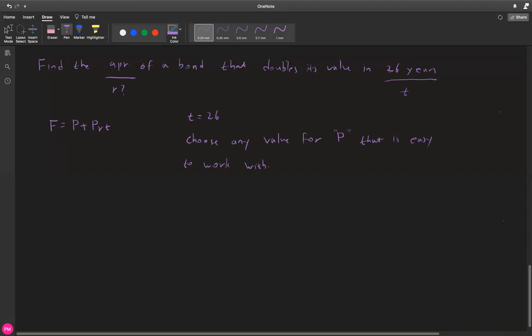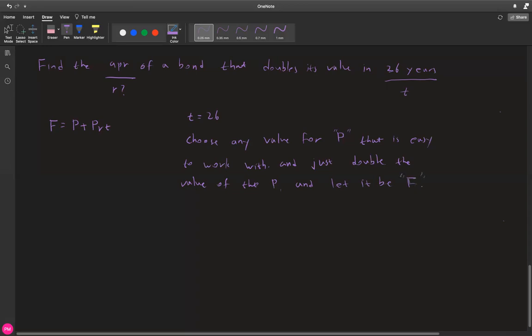And since we know that in this case the bond is doubling, just double the value of the P and let it be F.